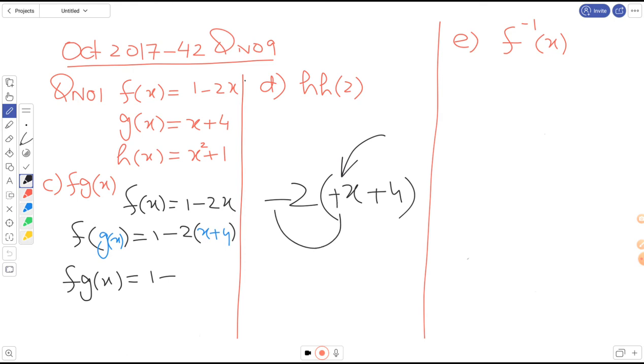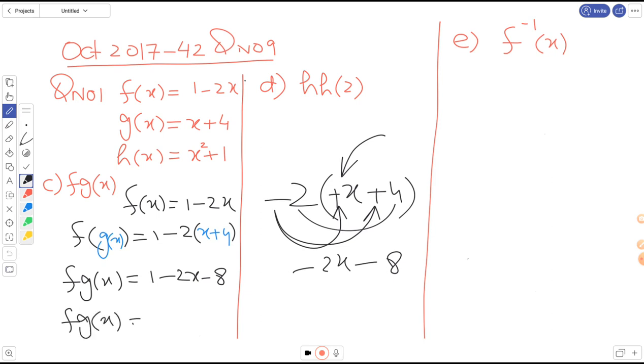So negative into positive gives you negative, and 2 times x is 2x. And negative into positive gives you negative, and 2 fours are 8. So this is the whole story we have here. And last step I'm going to write this part. So we have two numbers. So 1 minus 8, okay, and it becomes minus 2x and minus 7. So this is my answer, very clear.